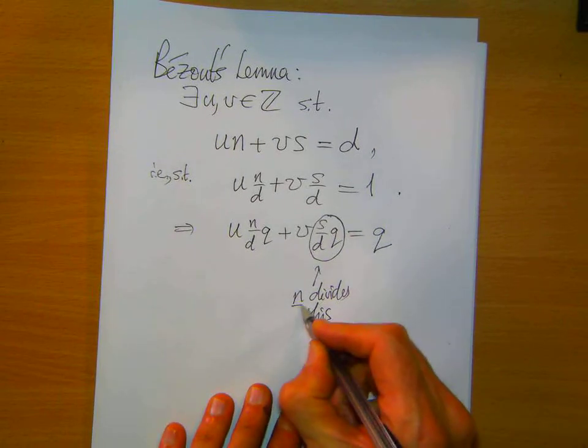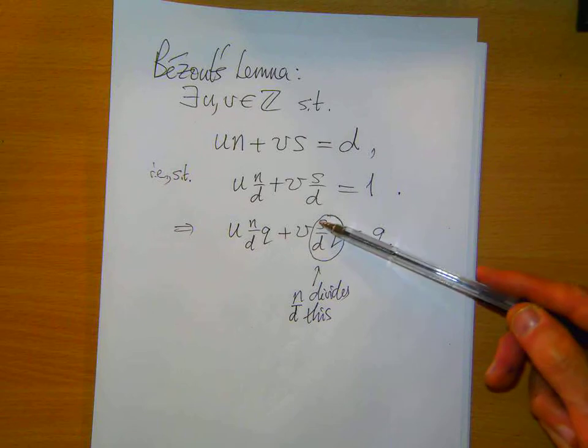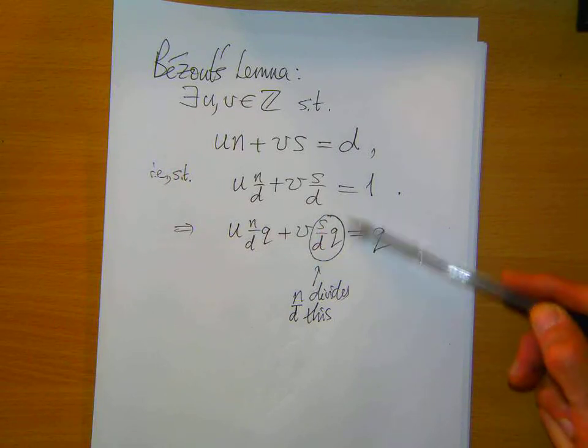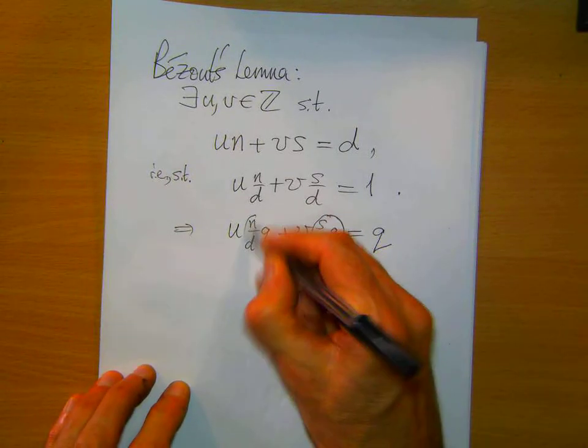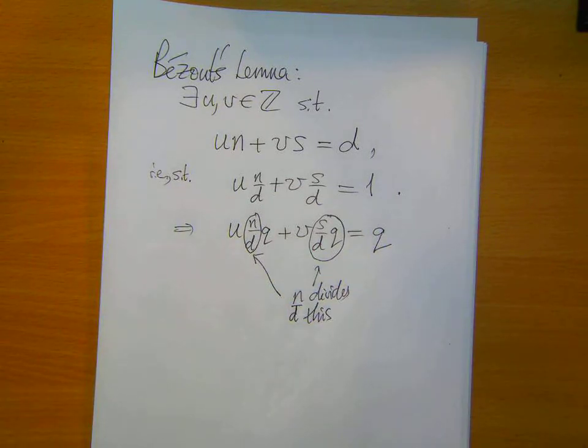So n over d divides this, but n over d certainly divides n over d. So what we've got is that n over d divides both terms on the left-hand side, so it divides their sum. Okay, so n over d divides the left-hand side, so it must divide the right-hand side.